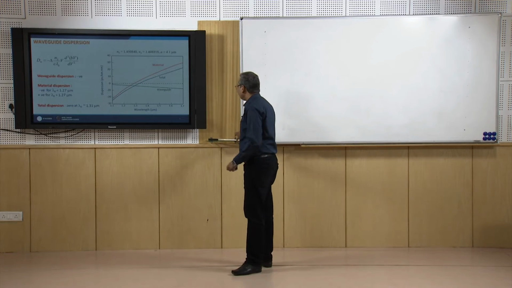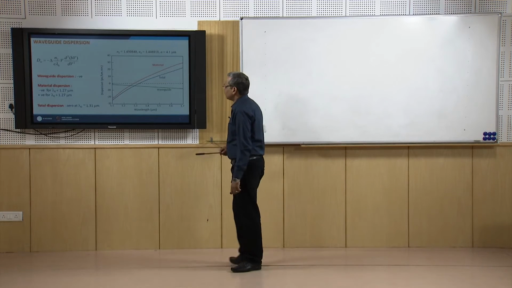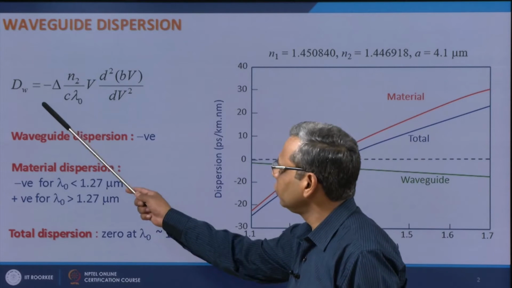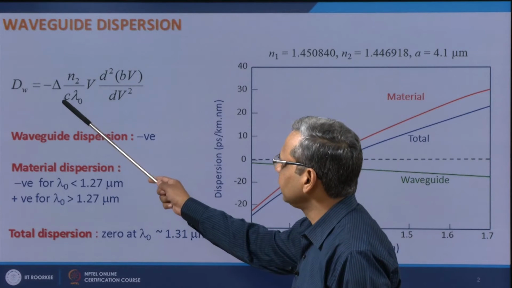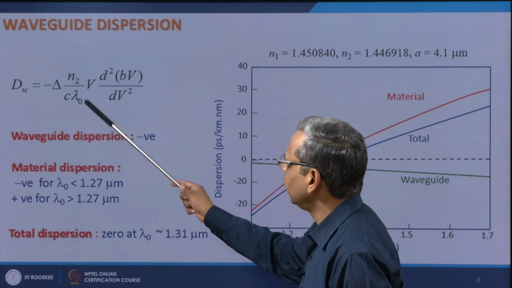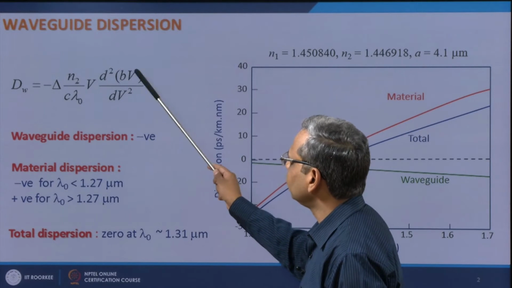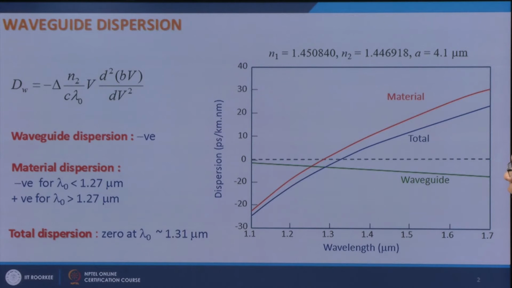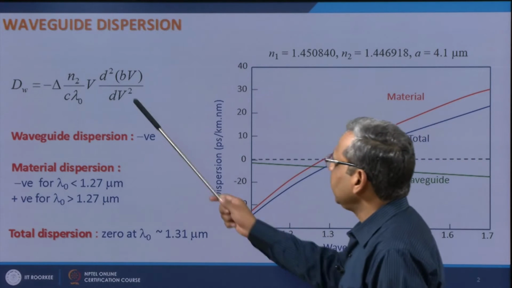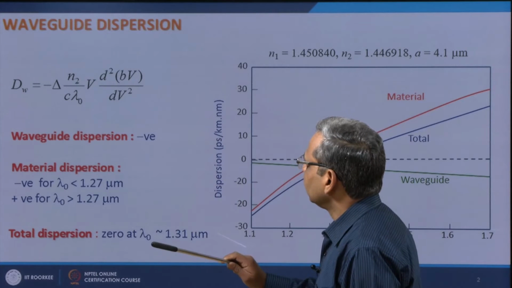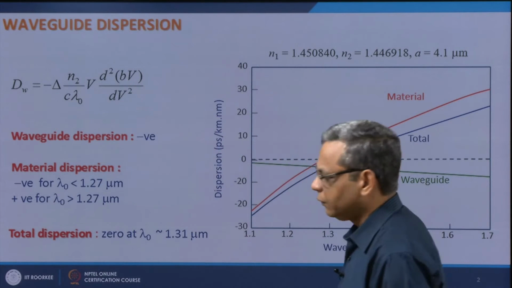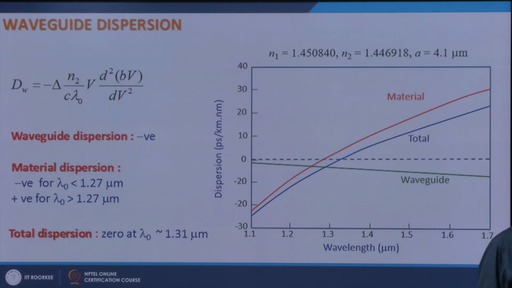The expression that we worked out for the waveguide dispersion coefficient is given by D_W equal to minus delta N2 over C lambda naught times V d2(BV) over dV square. We know how B depends on V. So, if we work out V times d2(BV) over dV square, then we can find out the waveguide dispersion.